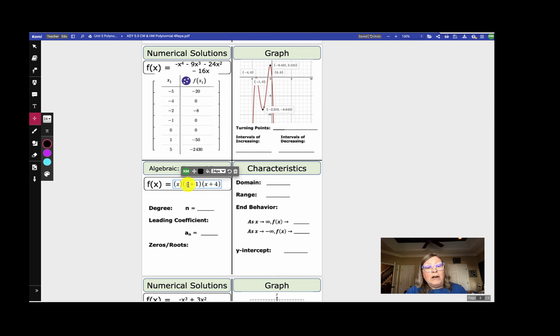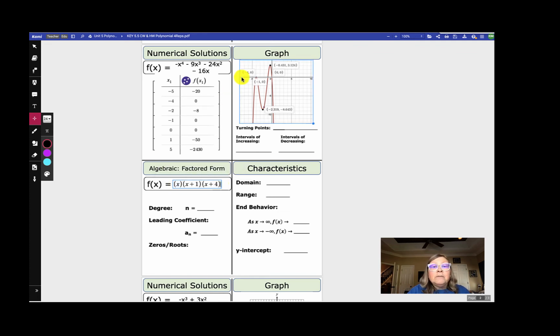And since we know one happens at the value x equals minus 1, the only way that can happen is if the linear factor is x plus 1. And since we know we have a 0 or an x-intercept at x equals 0, the only way that happens is if the linear factor is just x.